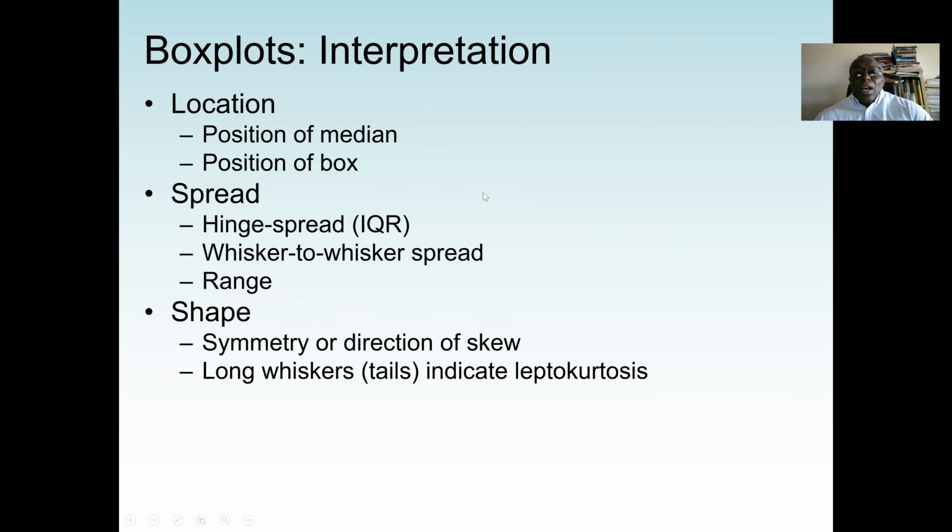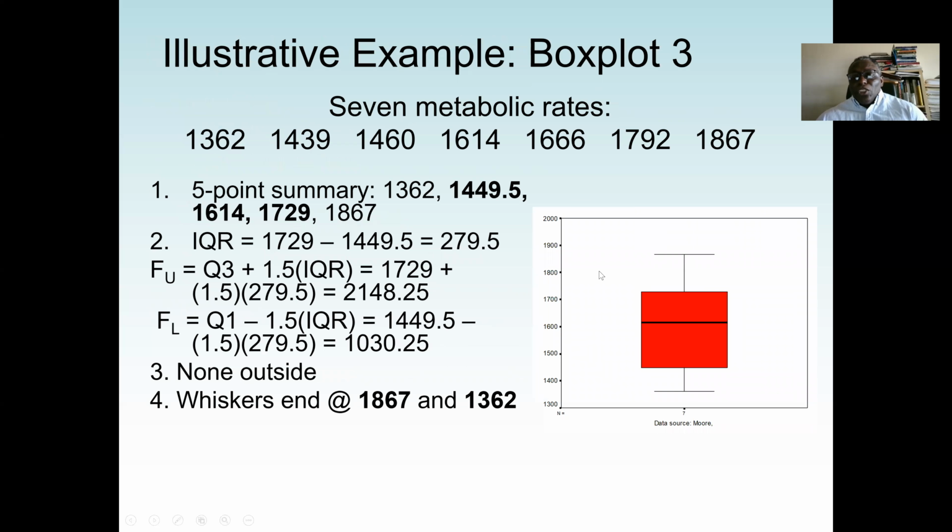So how do we interpret a box plot? First, location. Location will give us the position of the median, or also the position of the whole box, which is Q1, Q2, Q3. So we can see here the position is mostly down. The position can shift a little bit up, which means most of the values are high.